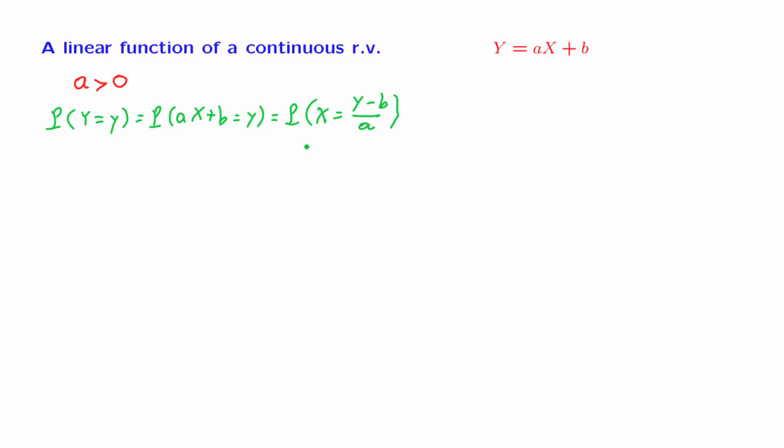So let us try to find the CDF of y. The CDF of the random variable y is defined as the probability that the random variable is less than or equal to a certain number. Now, in our case, y is ax plus b.